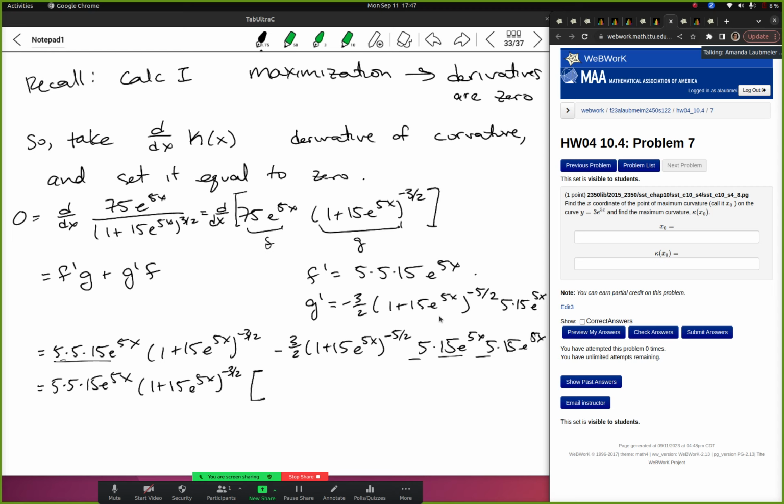So what I'm going to get is that's 1, because I used both terms in the first, minus 3/2, 1 plus 15 e to the 5x to the -1, 15 e to the 5x. And that factoring out that -1 is just because -5/2 is -3/2 minus 2/2. So it's like a product of -3/2 and -1.